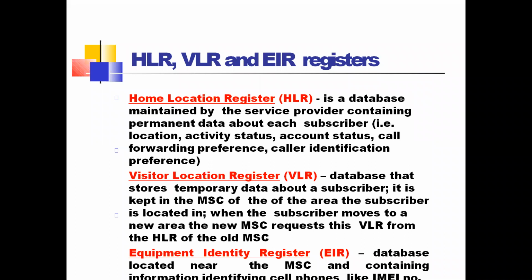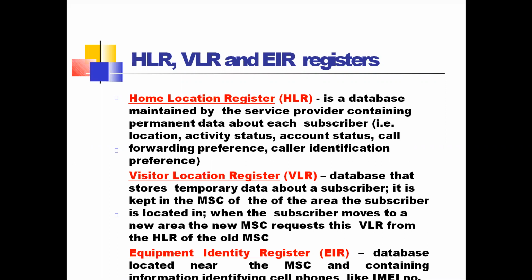The new mobile switching center requests the data regarding the subscriber from the VLR of the old mobile switching center. That means the visitor location register maintains the temporary data regarding the subscriber. If a subscriber moves from one area to another area, this data will be maintained by the corresponding mobile switching centers.